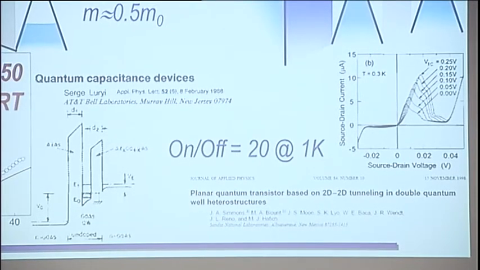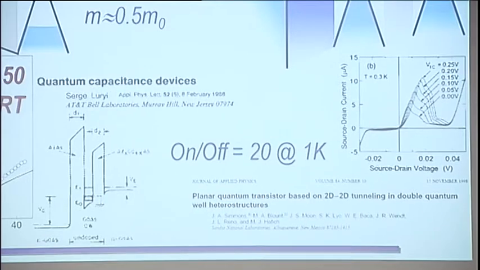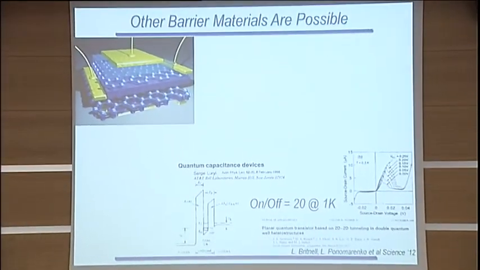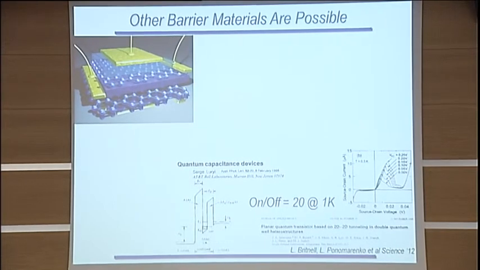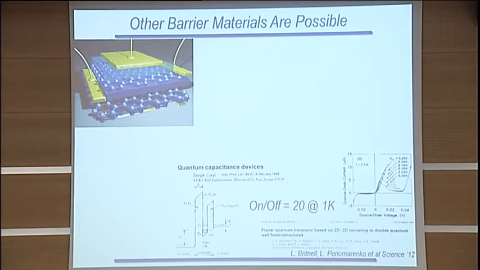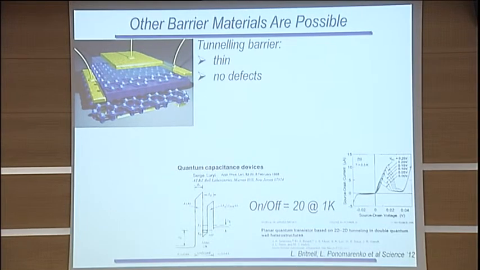Let me now just make a little bit of a break and provide a halfway entertainment here. The boron nitride is, of course, a very nice material, and it's very clean, and we like to work with it. But if you want to use it as a tunneling barrier, you can use any other material as long as it is of reasonable quality, flat enough, and can be made thin enough.